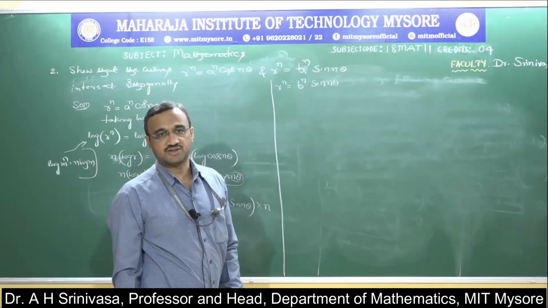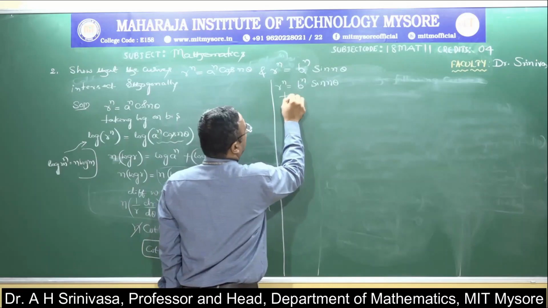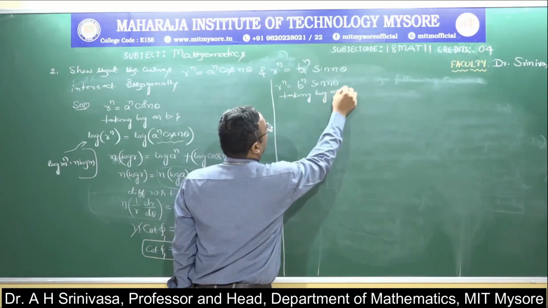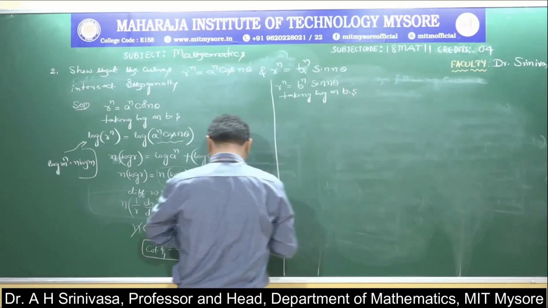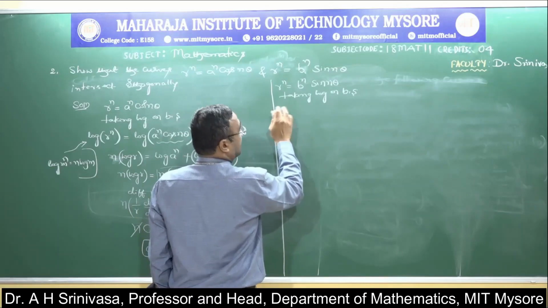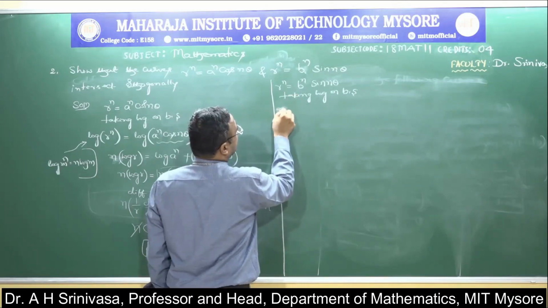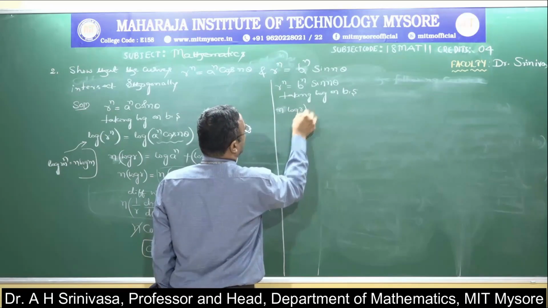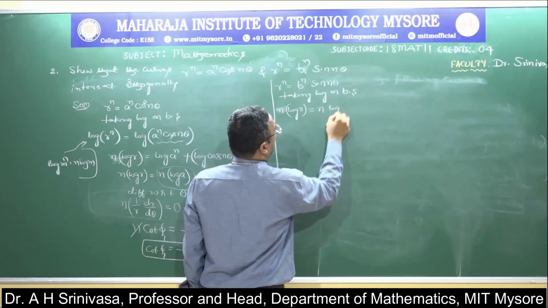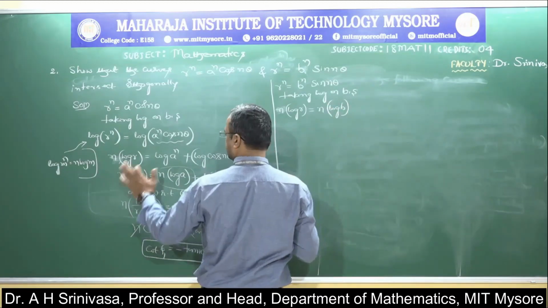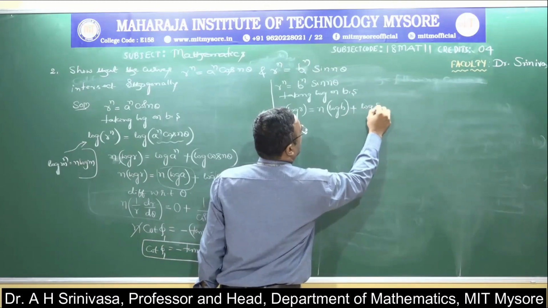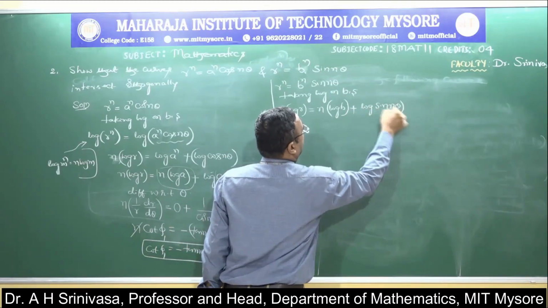Taking log on both sides, n into log r should be equal to n into log b, just following the same procedure, plus logarithm of sin n theta.